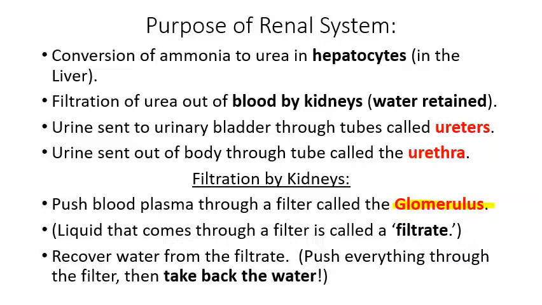And remember, whenever you filter a liquid through a filter, the liquid that comes through the filter is renamed as the filtrate. Right? And so what we do is we filter the serum inside the kidneys, inside the glomerulus in particular. So we push everything through the filter, and then we have all of this serum inside Bowman's capsule, and then the collecting duct simply takes back the water. So we push everything out of the blood, and then we take back what we want to keep from the filtrate.